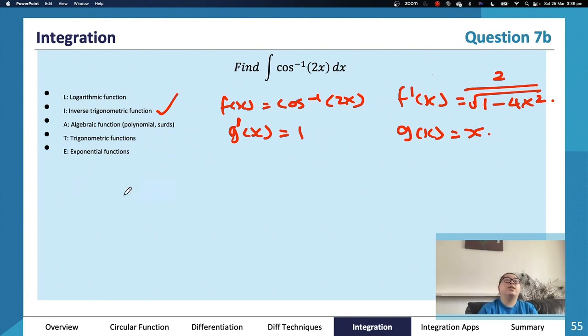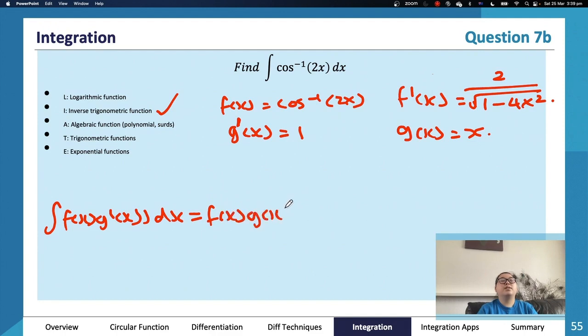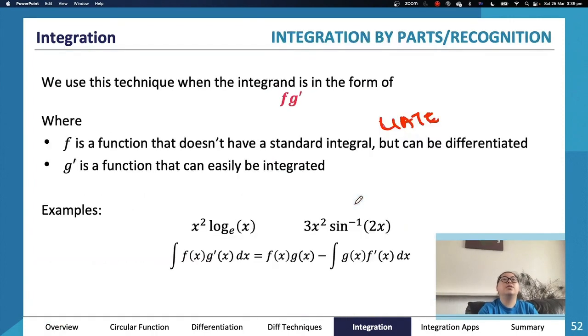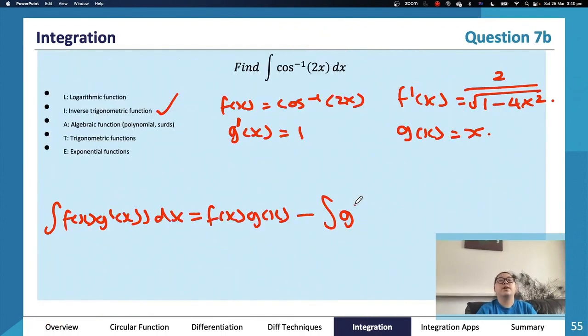So what we want is the integration of f of x times g dash of x dx, which is going to be equivalent to f of x times g of x minus the integration of g of x times f dash of x. It's kind of like the product rule, where you have g dash of x times f of x, plus f dash of x times g of x.